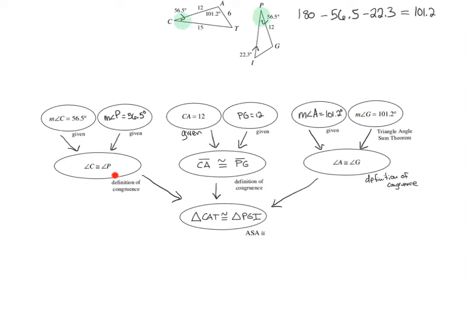We have an angle, a side, and an angle. So even though at the very beginning when we looked at these triangles, we could sort of tell that they were probably looking the same, we couldn't say that mathematically until we used all of these pieces and brought them together with one of our triangle congruence theorems.